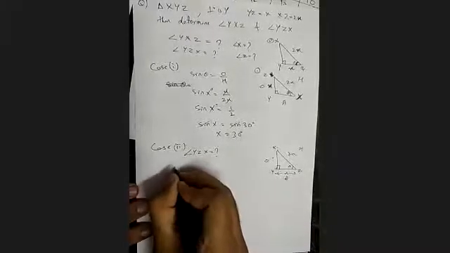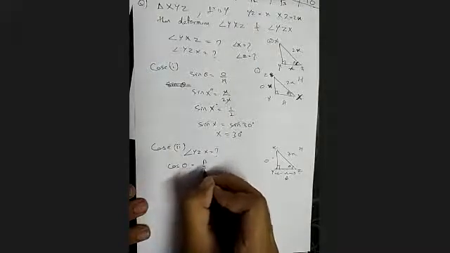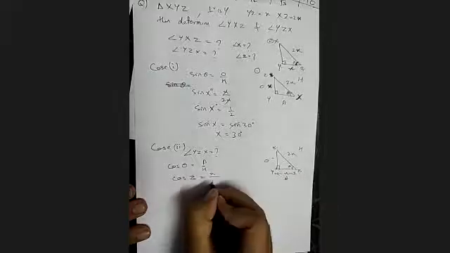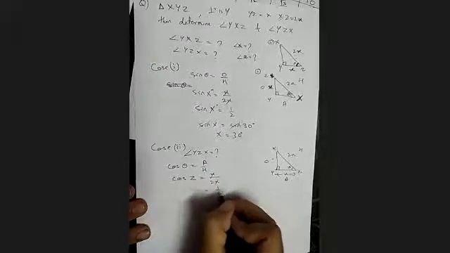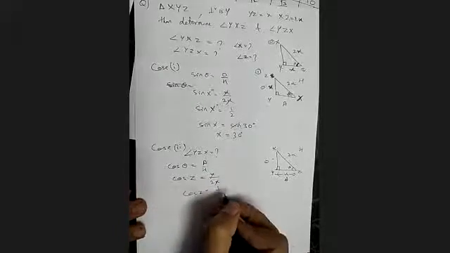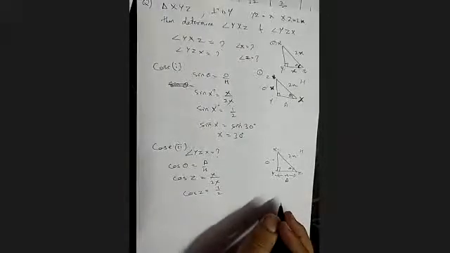Now, in which trigonometric ratio are we getting adjacent and hypotenuse? Cos theta is equal to adjacent by hypotenuse. So our theta is Z. So cos Z is equal to adjacent, x, by hypotenuse, 2x. This x and this x get cancelled. 1 by 2. When is cos 1 by 2? Look at the trigonometric table.